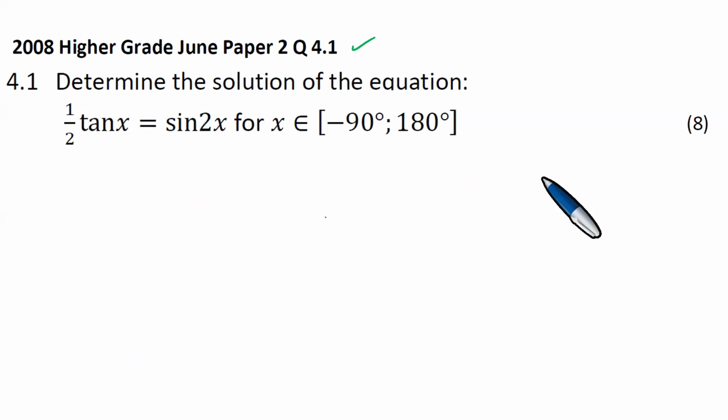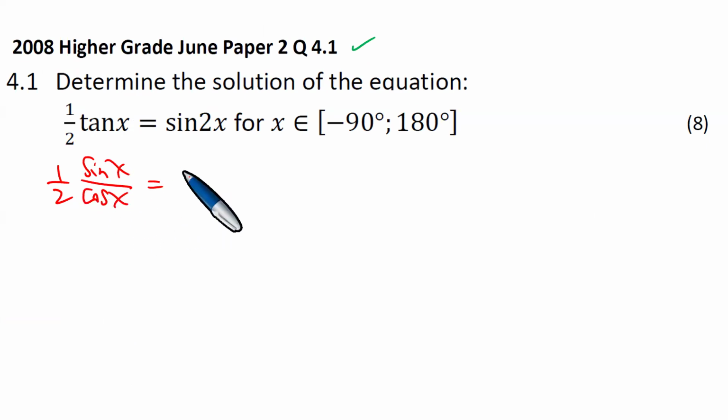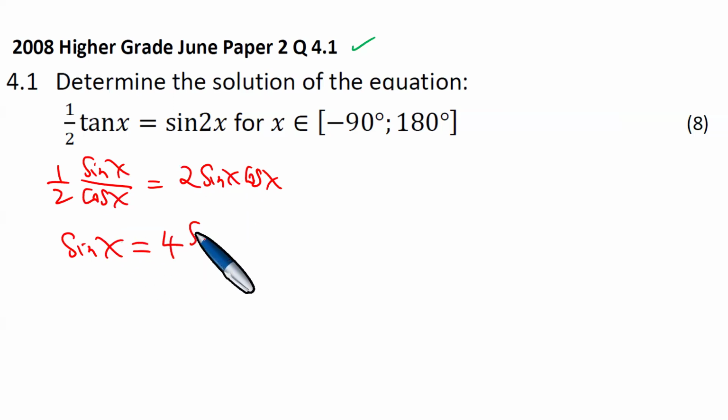It was given exactly 8 marks. So you have 1/2 tan x equals sine 2x, which is 1/2 times sine x over cosine x, which equals 2 sine x cosine x. You cross multiply, which becomes sine x equals 4 sine x cosine squared x.